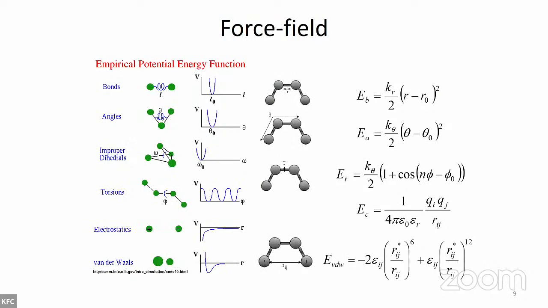So here is just a short overview of what is usually used in order to describe those interactions according to their typical position, and usually some kind of force constant. In the case of the bonding ones, the electrostatics depends on the distance and the charges of individual atoms.